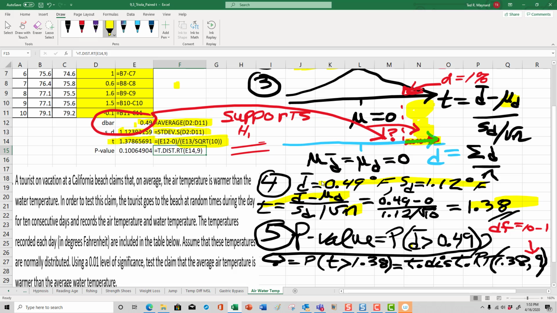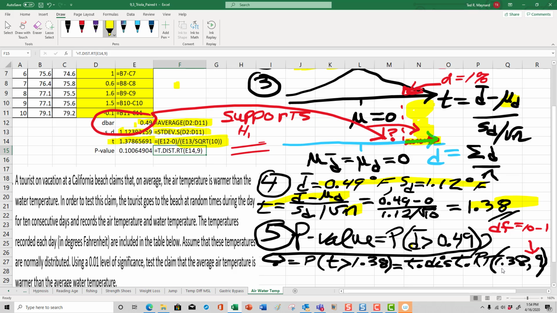To find that out, we do step 5, or the p-value, which is the probability that d-bar is greater than 0.49 degrees Fahrenheit under the assumption that mu sub d is 0. When we standardize to t, that becomes a probability that t is greater than 1.38 standard deviations from the mean. Here we can use T.DIST.RT for right tail.